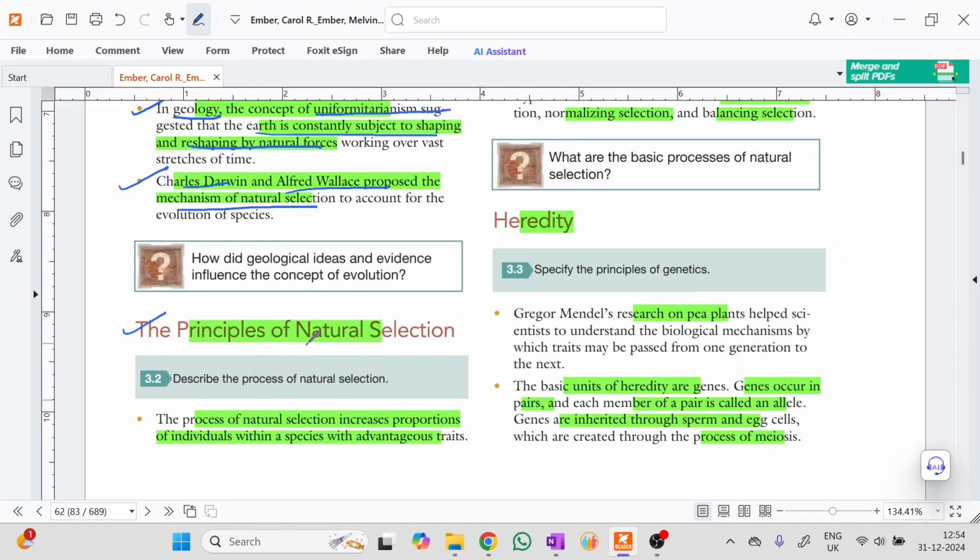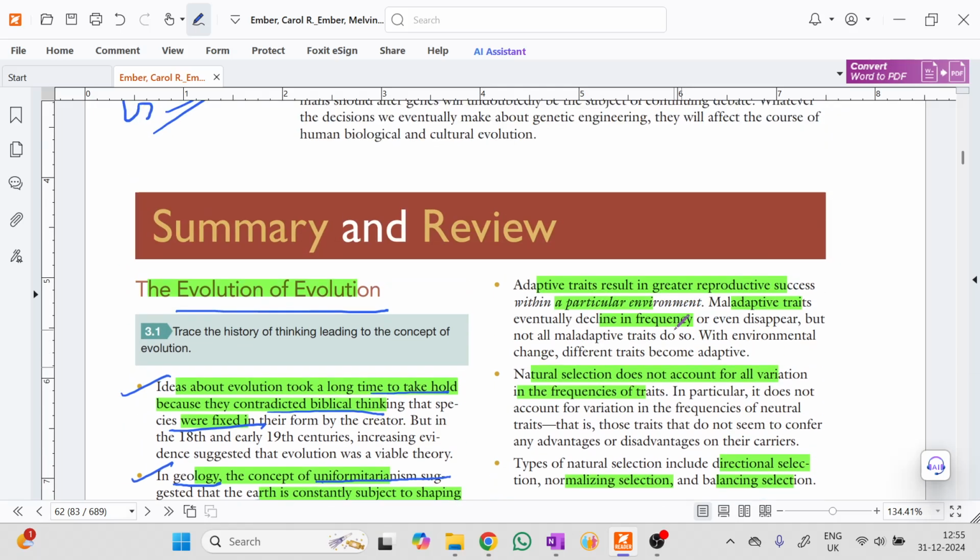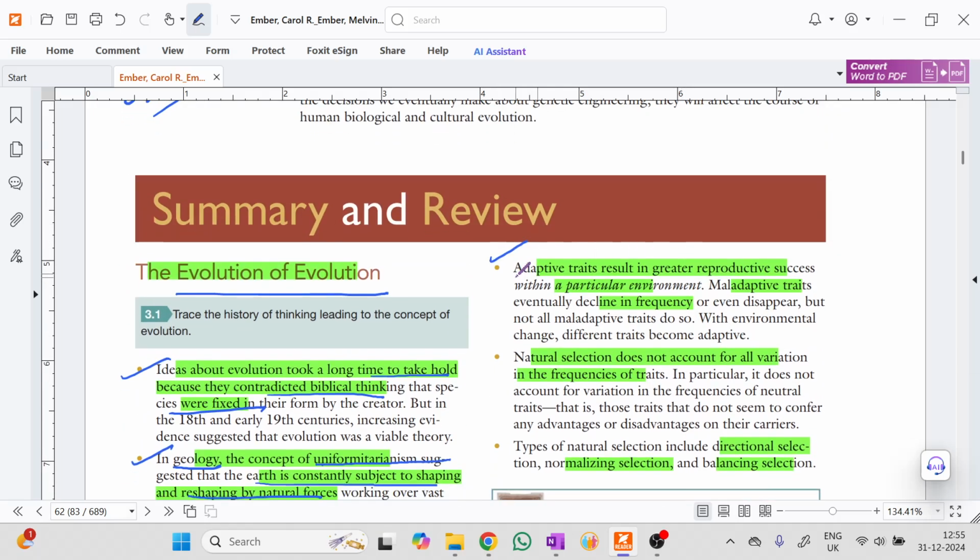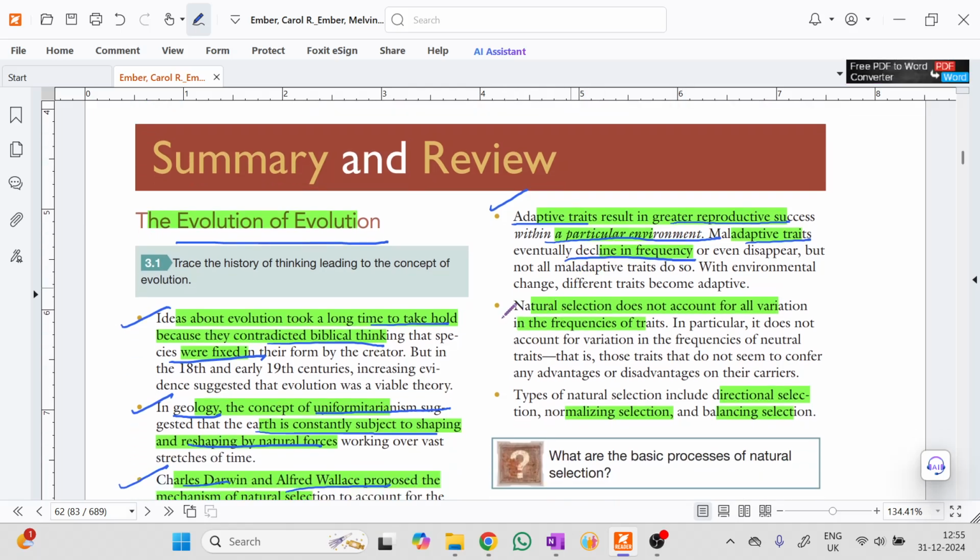And let's see the summary of the principle of natural selection. The process of natural selection increases the survivability of individuals within a species because of advantageous traits, and those advantageous or adaptive traits result in greater reproductive success within a particular environment. And maladaptive traits will eventually decline in frequency.